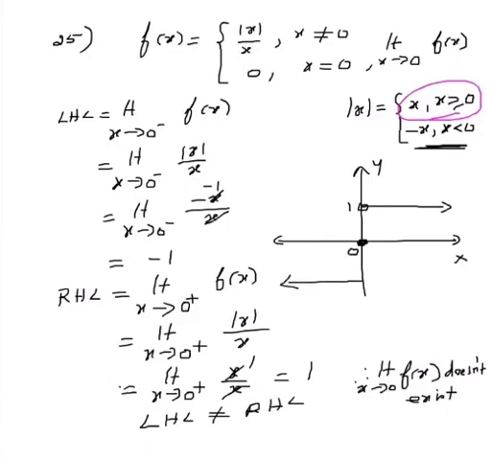For all negative real values, the answer is minus 1, and there is a bubble here because for x is equal to 0, the answer is 0 here. See, there is a gap here in the graph. That's why LHL and RHL are not equal. When there is a gap in the graph, LHL won't be equal to RHL. For every function, we cannot draw the graph and check whether the limit exists or not. So we use this algebraic method.